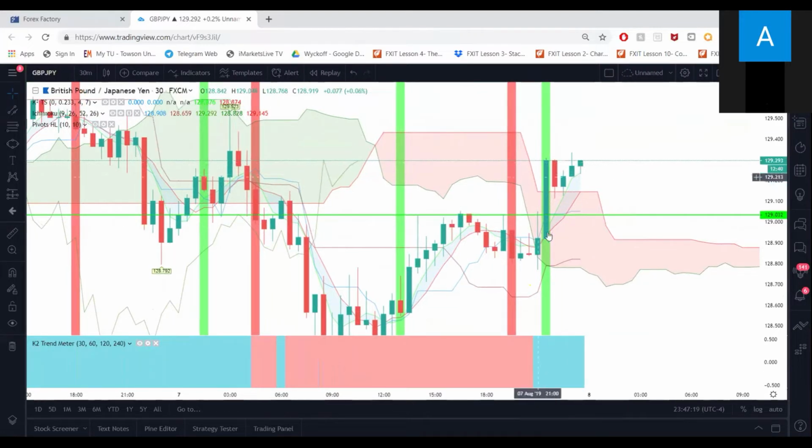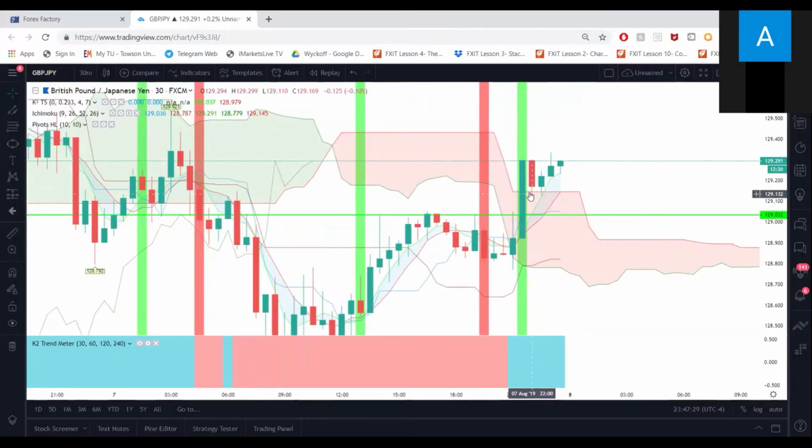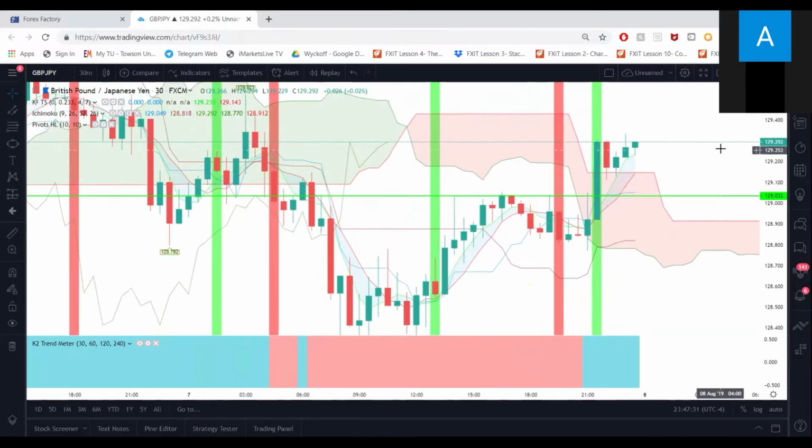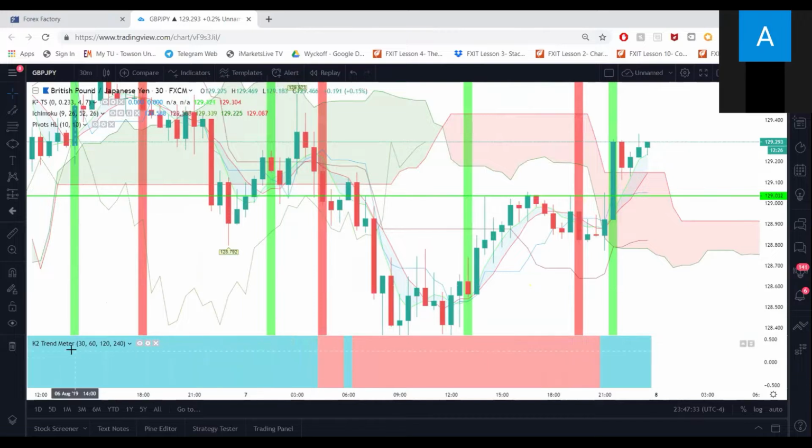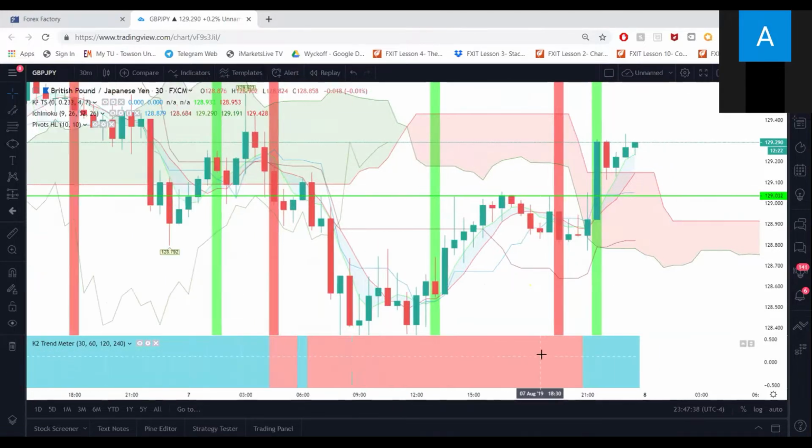If this candle had closed in the middle of the cloud, I'm pretty sure Sean wouldn't have wanted you to trade it, even though it was a bullish candle and a buy signal at the same time, because it's still in the resistance. So with that being said, he has developed what I mentioned earlier, this K2 trend meter that can help you verify when the trend is on your side, right?